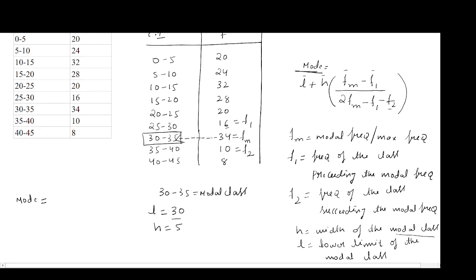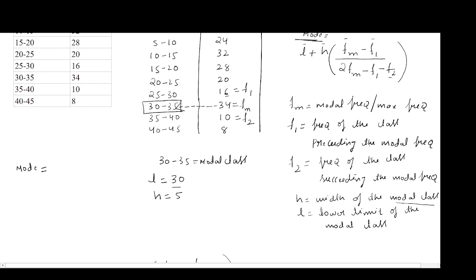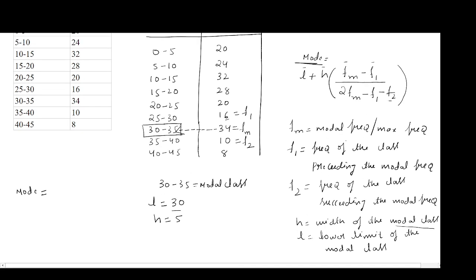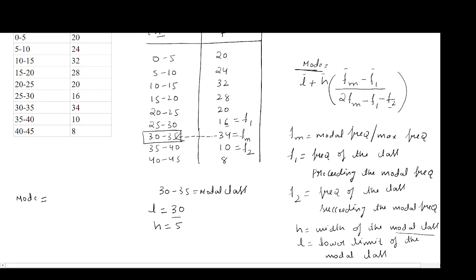Then we have to know what are these values. Fm stands for maximum frequency or modal frequency. F1 stands for frequency of the class preceding the modal frequency. F2 is frequency of the class succeeding the modal frequency. H is width of the modal class and L is lower limit of the modal class. After understanding, it is not mandated to write all these things. Just for your understanding, I have written here.